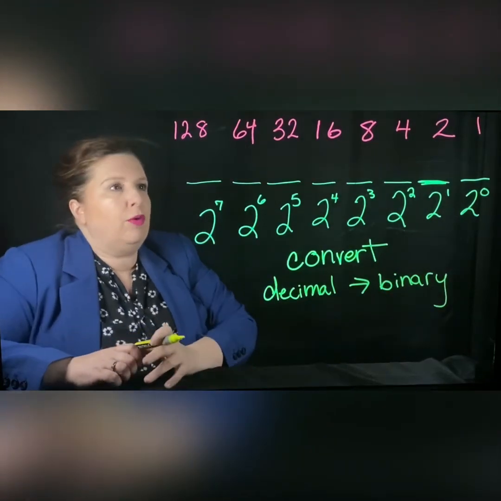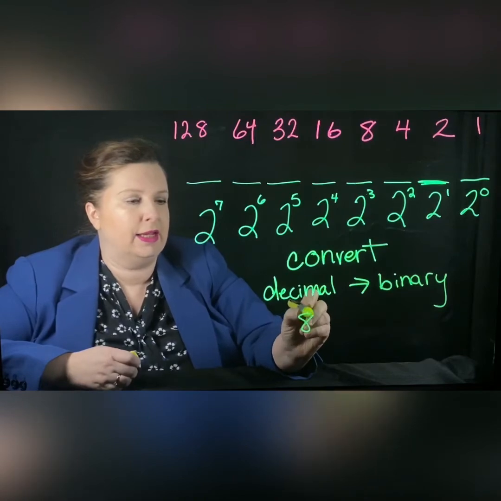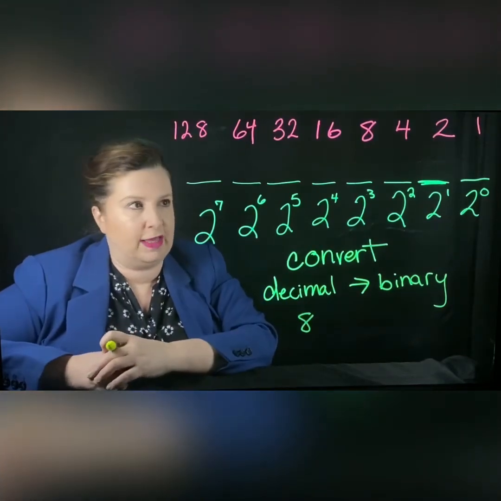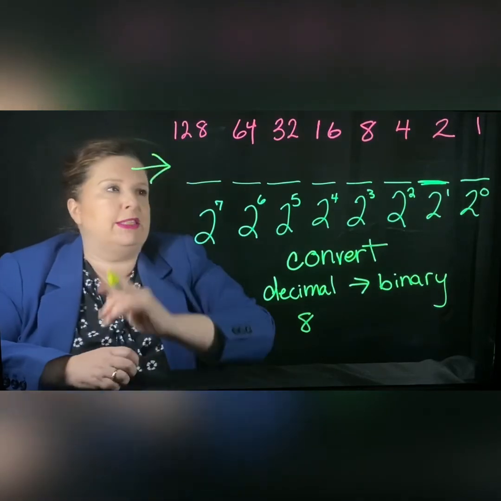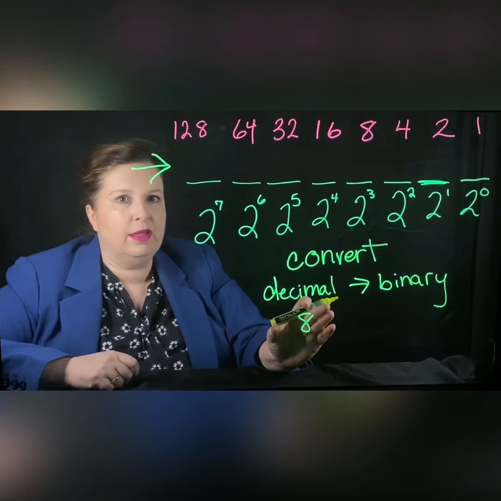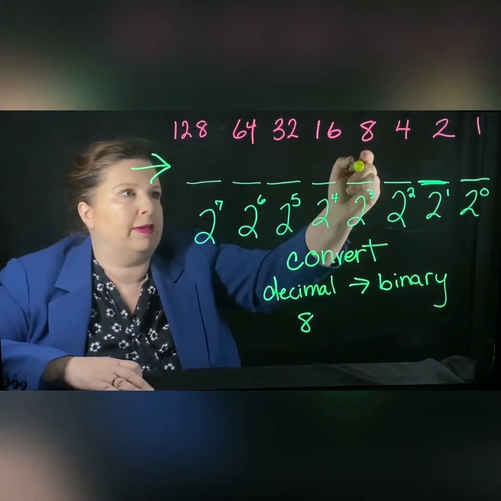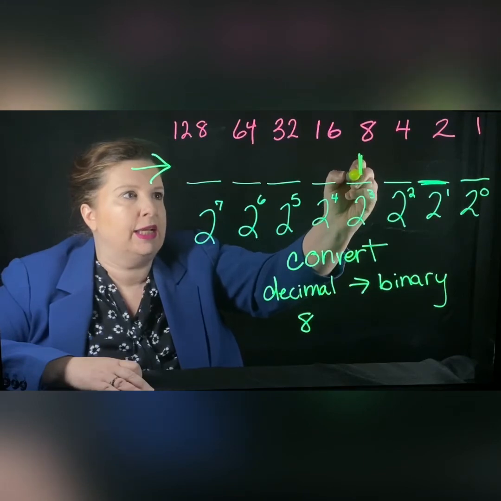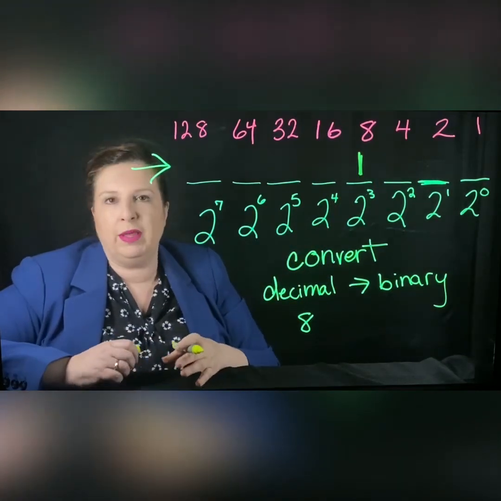Okay, so let's say we have the decimal number 8 and we need to convert that to binary. What you do is you just look at your place values up here and you see if there's one of them that is equal to 8. So we have a place value that's equal to 8. So we turn that bit on with a 1.